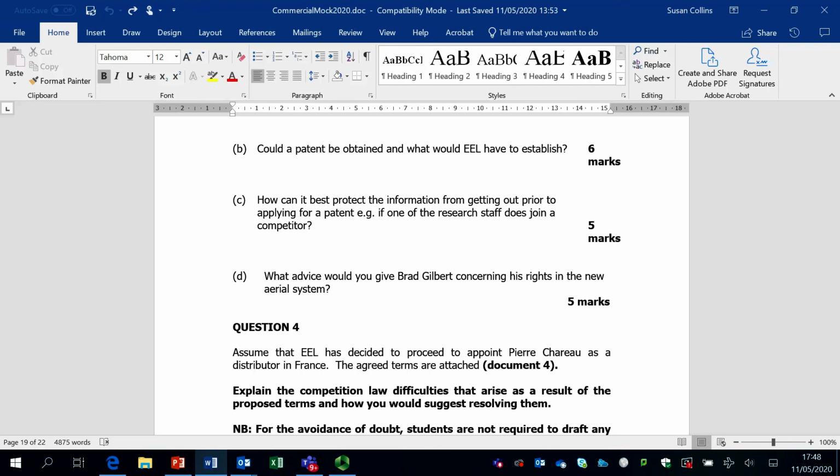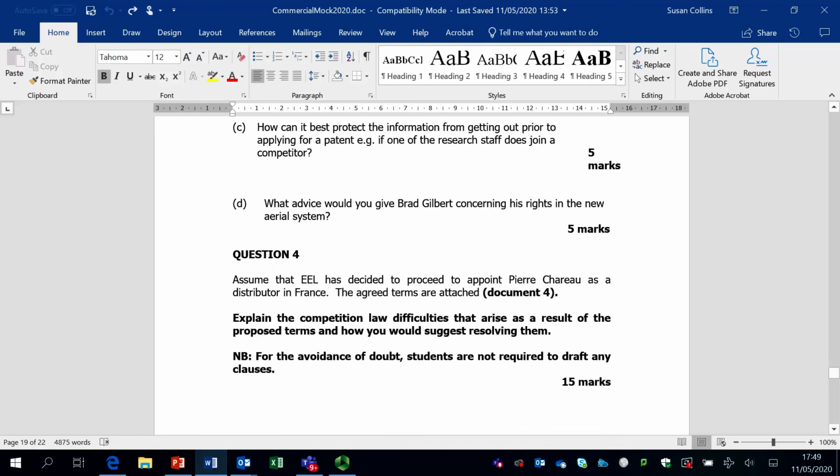All right, so it's quite clear that it would not apply, and so therefore he would need to be independently advised. You would, of course, likely have a problem with confidential information here as well, that you'd already have confidential information, and that's dealt with obviously in 6.3 to 6.5 of the code as well. So you should not be advising Brad on his rights in the new aerial system.